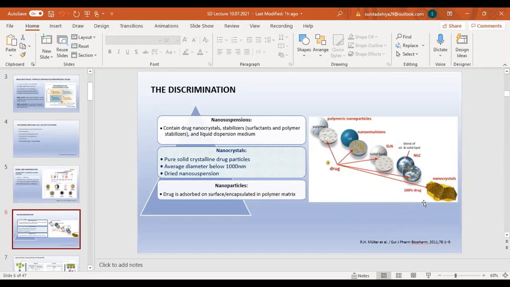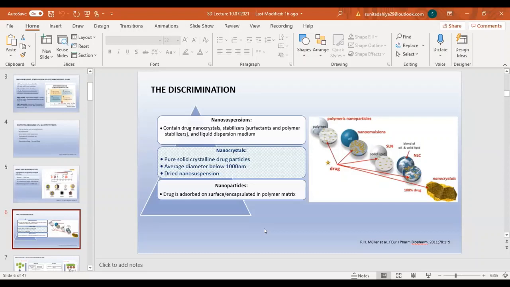So here in the diagram, you can see that there are various nanoparticles. We can say in broad terms that all the nanocrystals are nanoparticles, but all nanoparticles are not nanocrystals, right? Because usually the nanoparticles also use some polymers or some matrix or carrier materials in their formulation. Whereas in case of nanocrystals, we do not use any carriers.